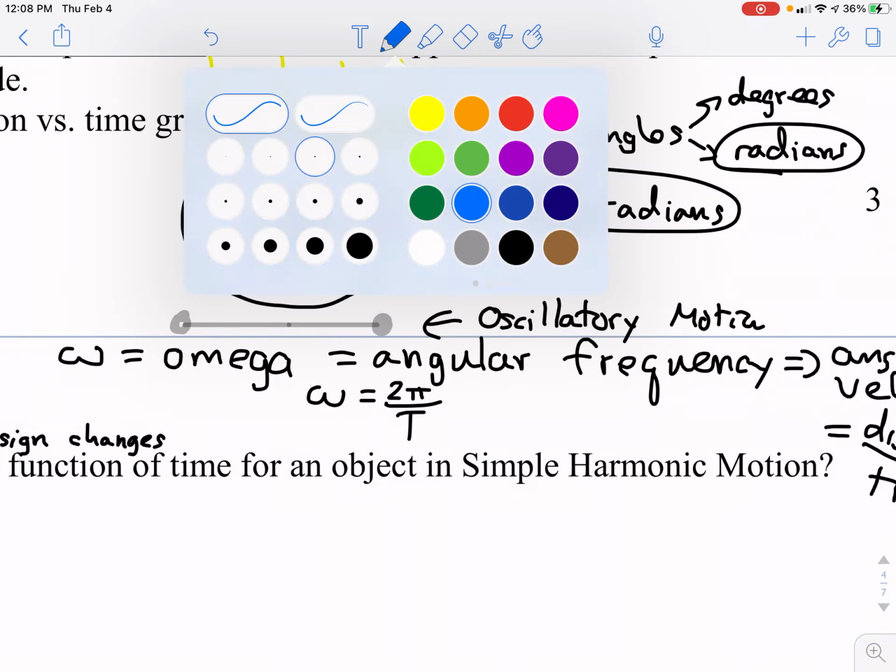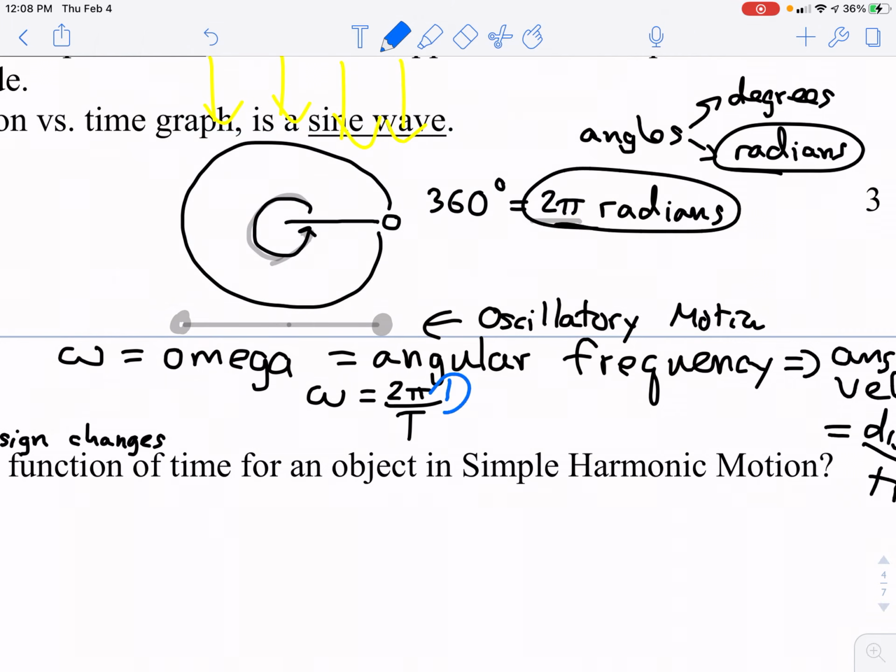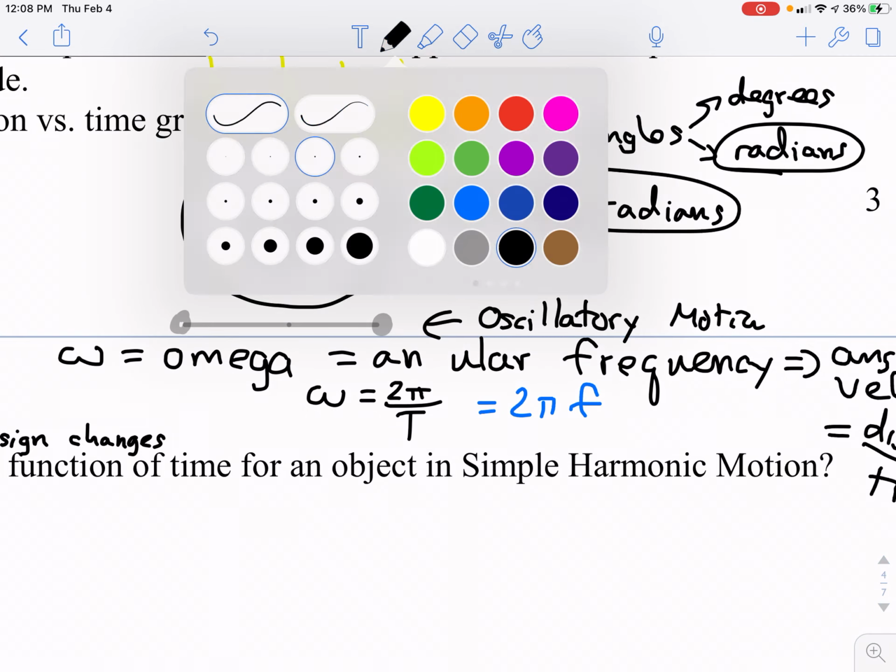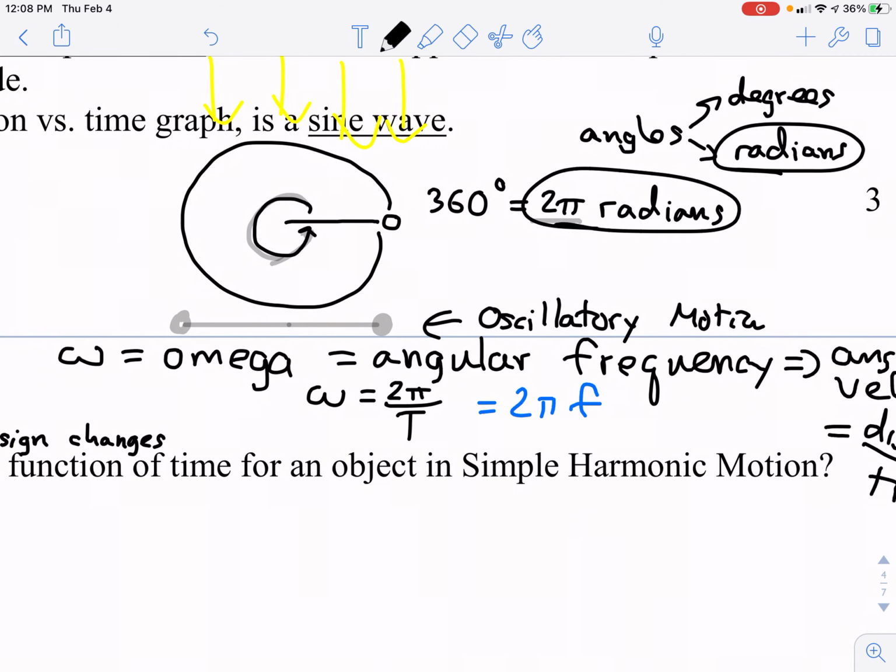Now recall, ladies and gentlemen, that 1 over the period is the same as the frequency. So you could rewrite this as 2 pi times the frequency. So we have a couple relationships for angular velocity and angular frequency.